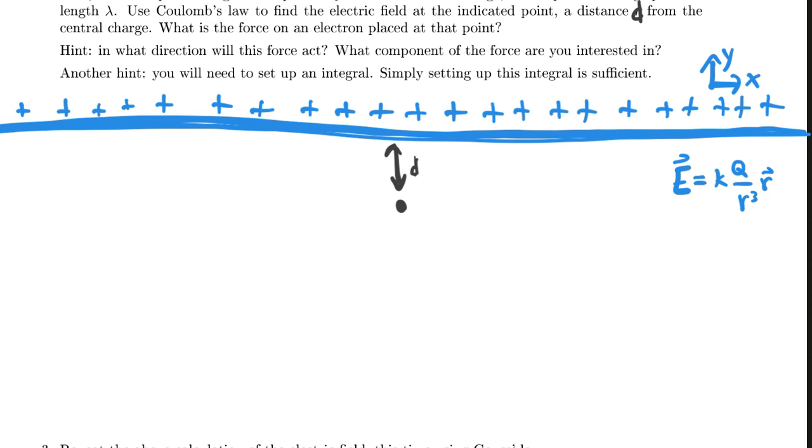And I will note that there's a hint, which is you only need to set up the integral. We're just going to set up the integral because the point of part 2 is to show you mainly that there is a better way, which we'll do in part 3. So this is tough just to think about.